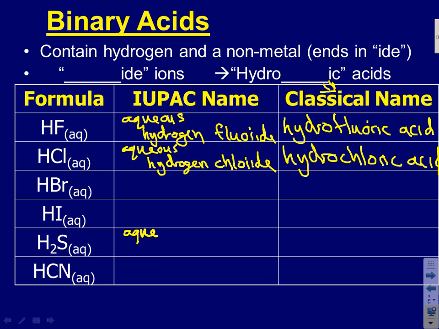Aqueous hydrogen, and what am I calling this? This doesn't have a trick name to it. It's this one that does. What do we call it? It's a sulfide. Now you might think taking the sulf and putting it in, you'd get hydrosulfic, but it isn't. They add an extra syllable. It's sulfuric. It's not just sulfuric acid. That's the next type.